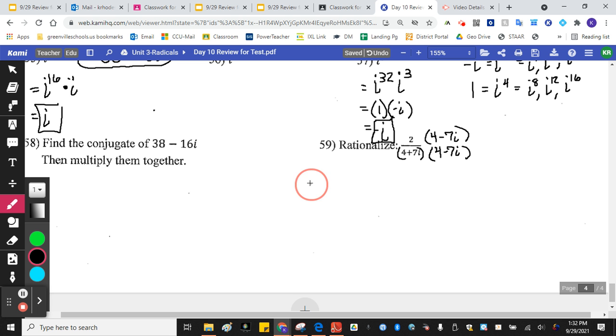I see a lot of people do it in 2 parts. I like that. So we'll do the top first.